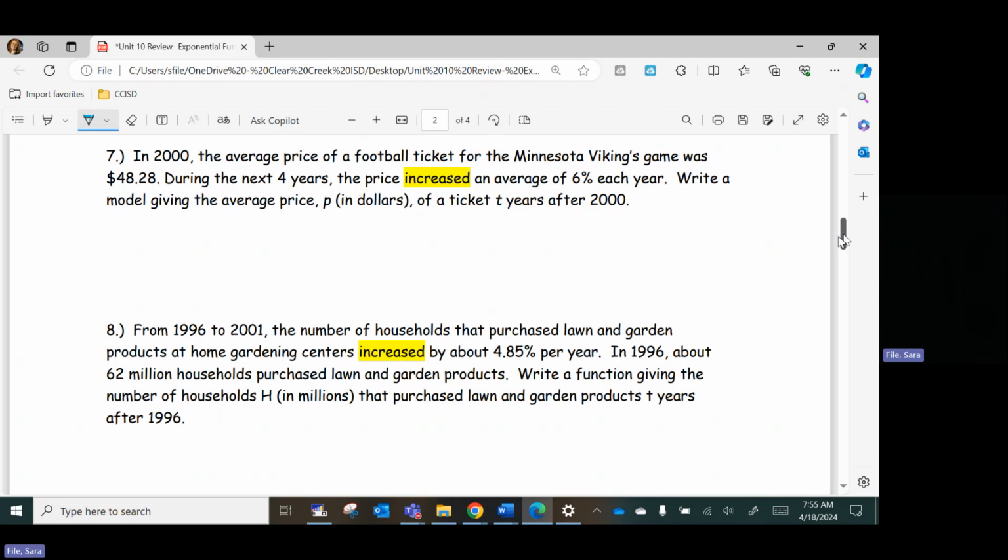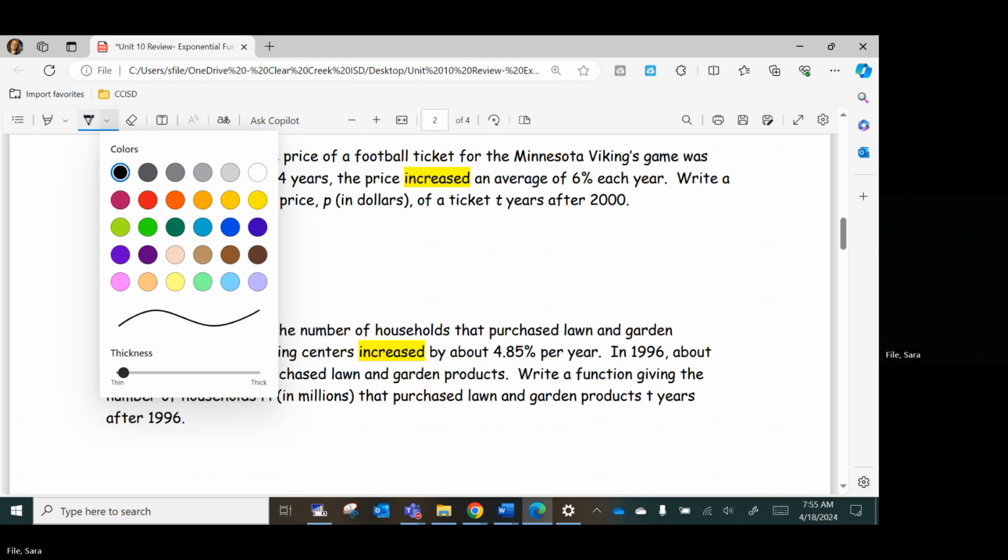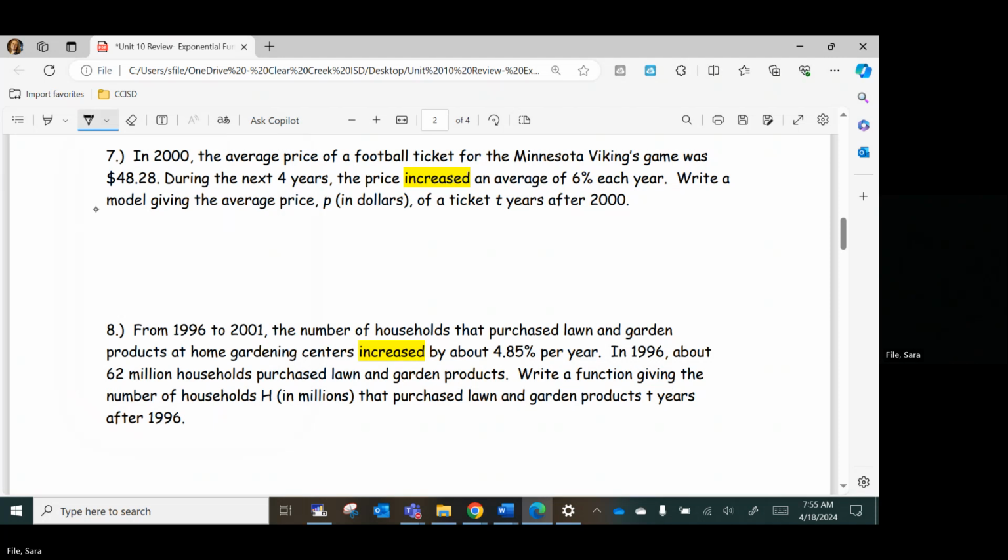So we need to know you have your initial amount or principal amount. We can call it A or you can call it P. It doesn't really matter what you want to call it.